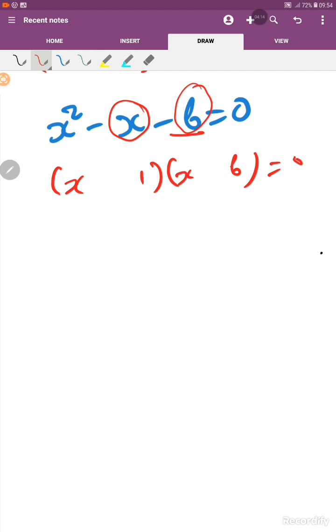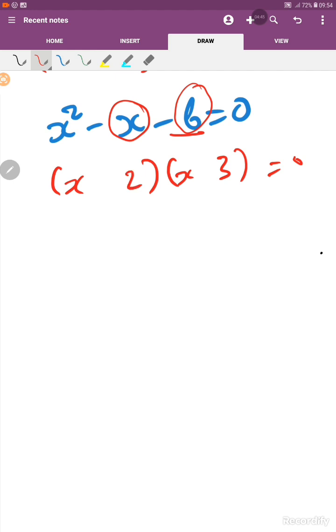So that's going to be wrong, right? So we are going to focus on what? The common factors of 6, the numbers that when you multiply them they give you 6, and when you add them they give you 1. Then we have 3 and 2.